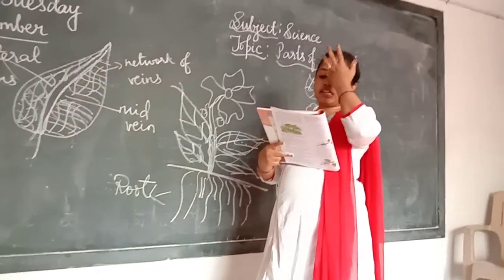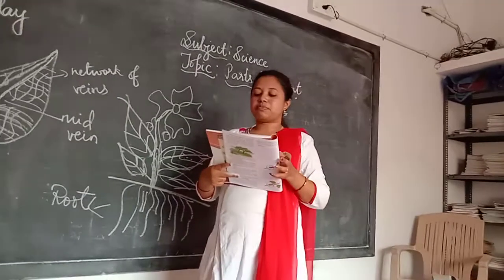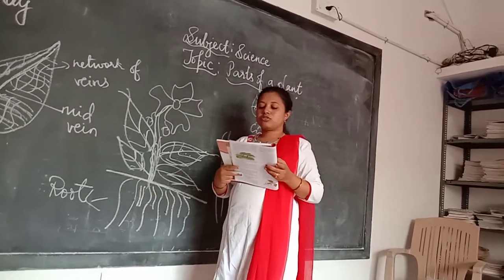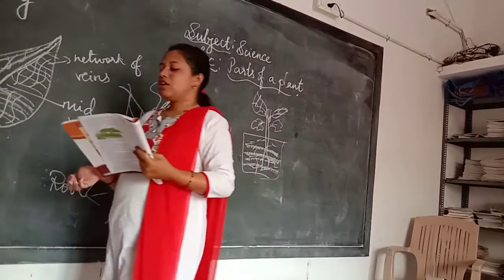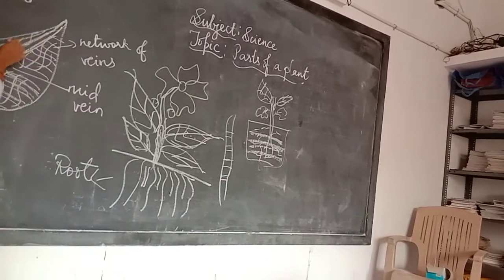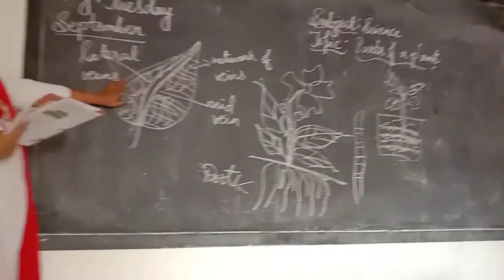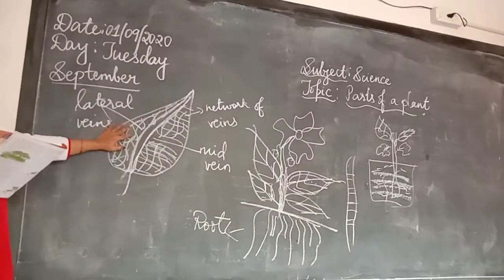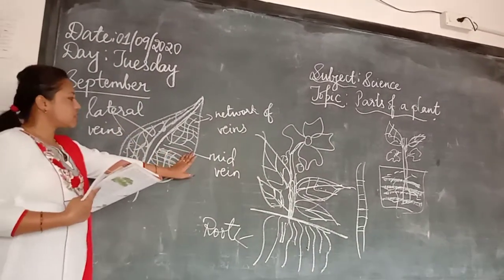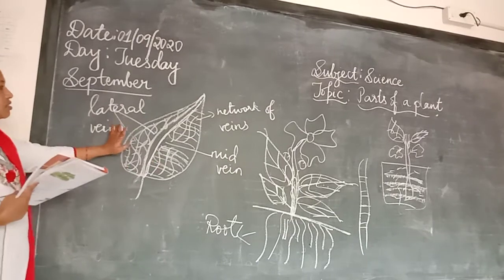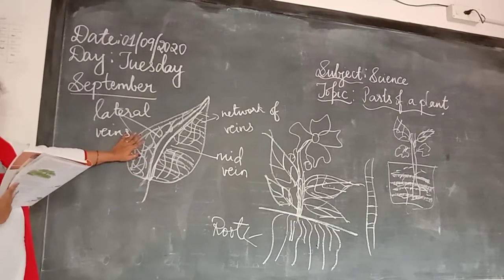Food prepared by the leaves travels out to other parts of the plant through the rows of the other type of cells. So this side, one row, what does it do? It has water content here. So on this side food is prepared, and on this side water is present in a leaf.